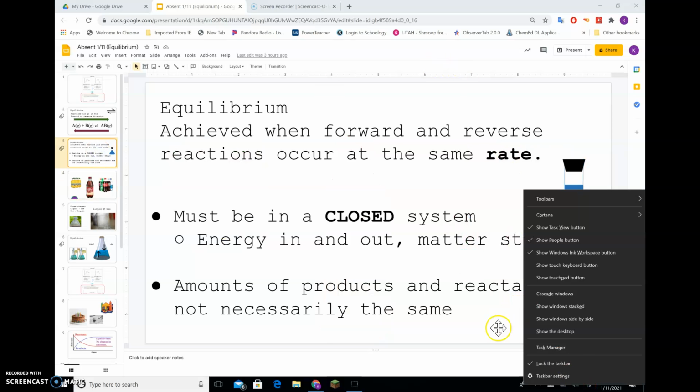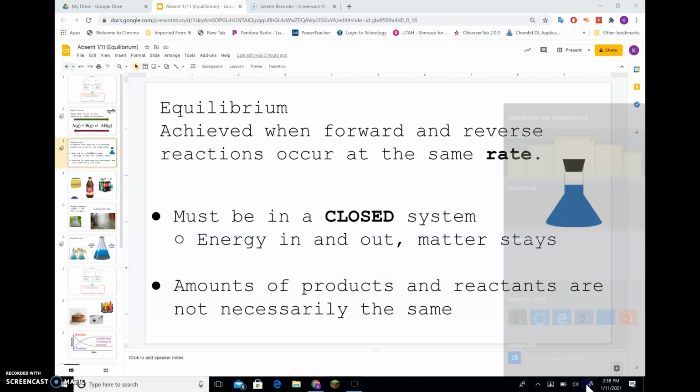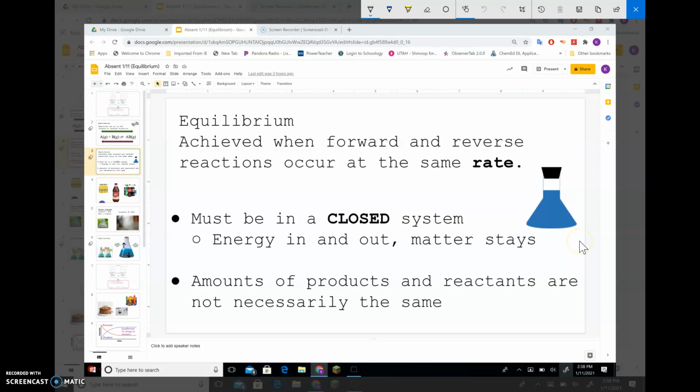And that closed system, we can change energy in it, right? We can shake it. We can freeze it, we can increase the heat, and we can do that all in a closed system. But what about the amount of matter? So the amount of matter in here, okay? In a closed system, because it's a closed system and you have this lid on, you can't change the amount of matter.